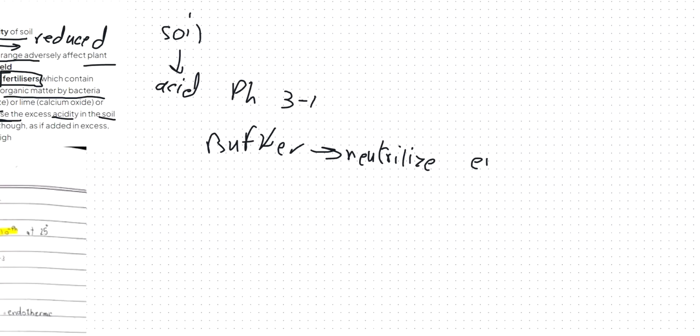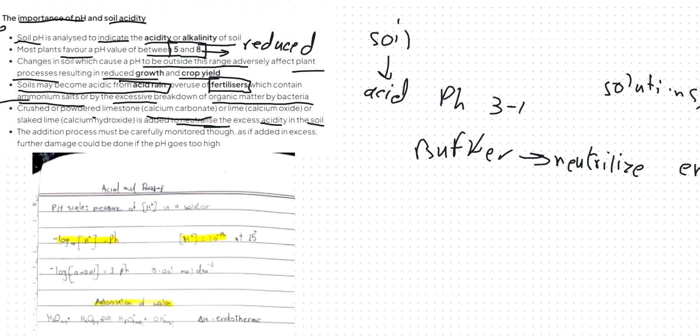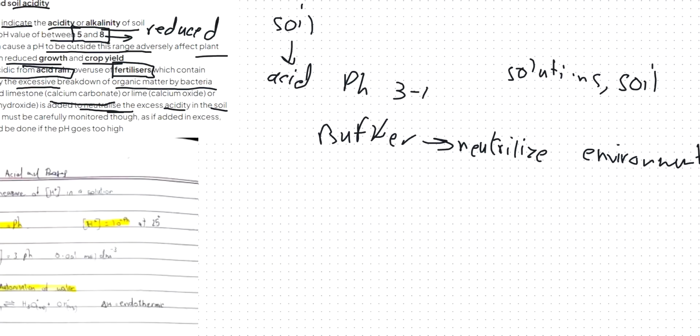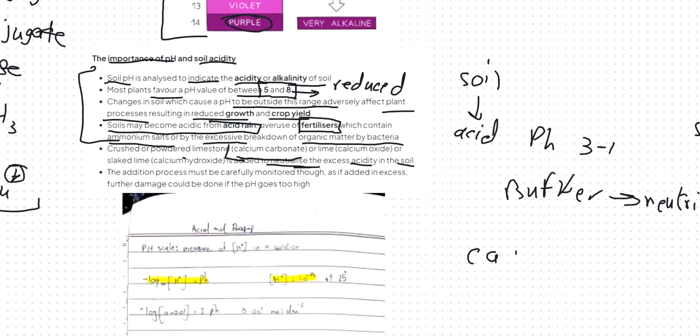Buffers can be used in solutions. They can be used in soils. Generally, if you want to neutralize some environment, you'll use buffers. The buffers for soil are calcium carbonate, calcium oxide, or calcium hydroxide.